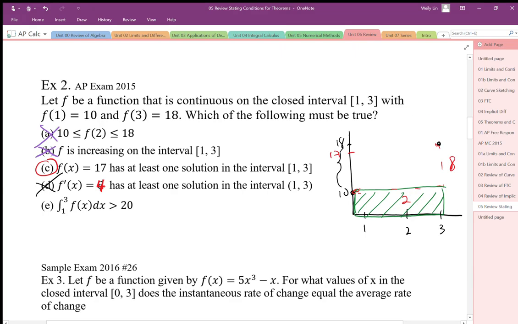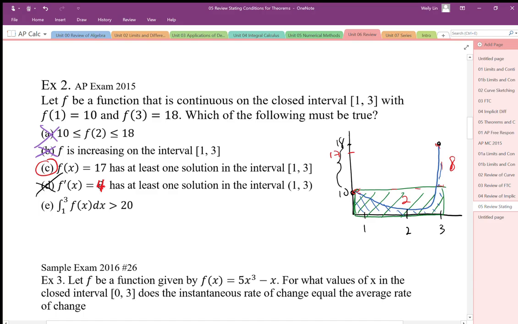Everything I drew there did have an area greater than 20, but we can easily draw an example where that's not true. Because I could have a graph that is like this. The area underneath that blue line is definitely not as much as the area under that green area there. So this is not necessarily true.